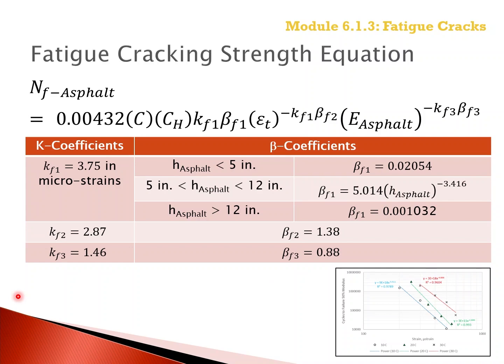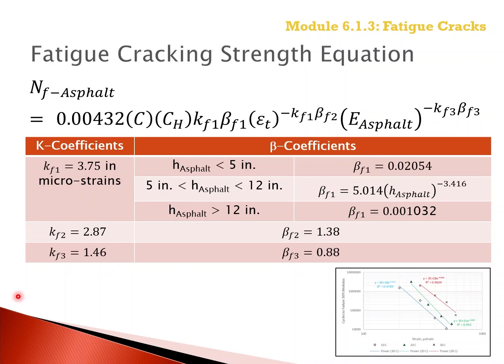The regression equation displayed on this graph is the outcome of many fatigue tests conducted in accordance with AASHTO T321, as was previously mentioned. The fatigue strength or allowable number of load applications is dependent upon the applied tensile strain, dynamic modulus, and other material and structural variables.